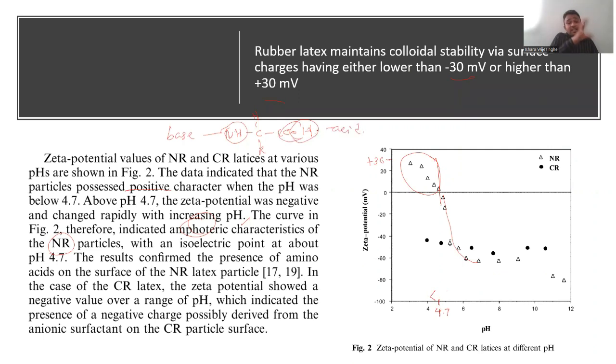So both acidic and basic nature are there in one molecule, which is a protein molecule. So this can withstand acids and bases. Because of that, we can say this shows positive and negative stability, because of what? This amphoteric nature given by the protein layer of the rubber particle.